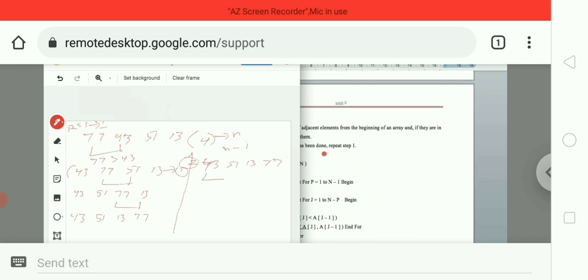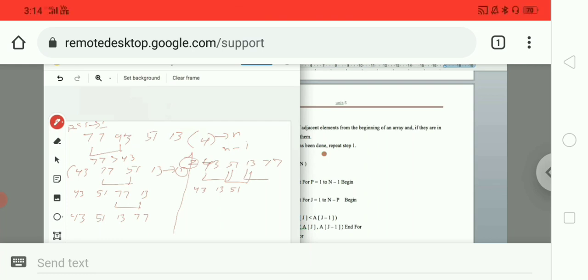Again the same logic will be repeated here because we are using looping concepts. Here the condition is okay. After that we compare these two elements. Here the condition is not okay because 51 is greater than 13, so we have to swap.